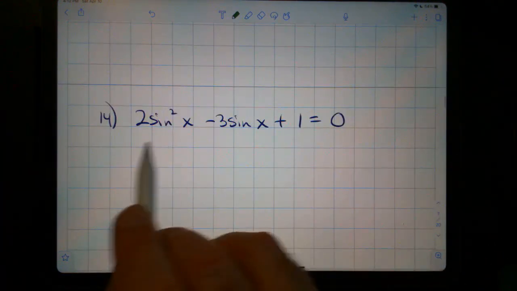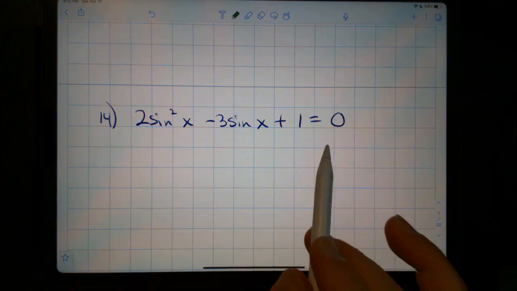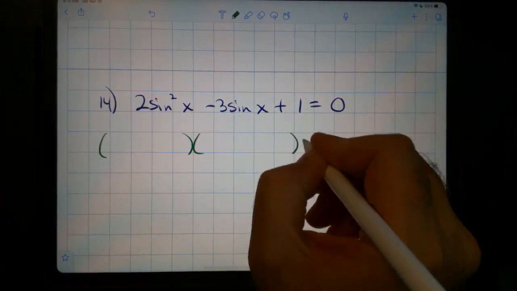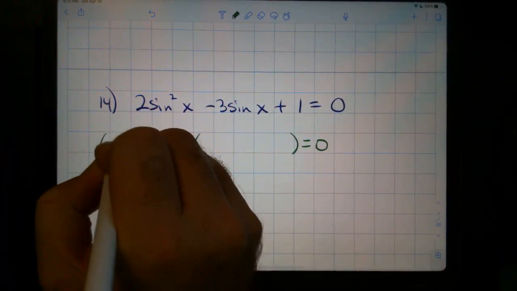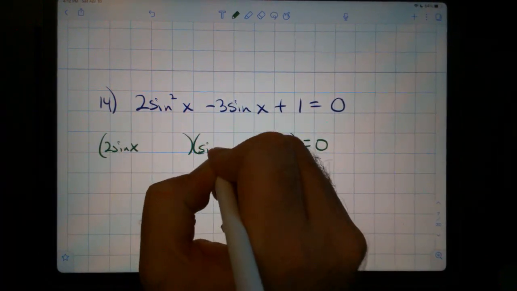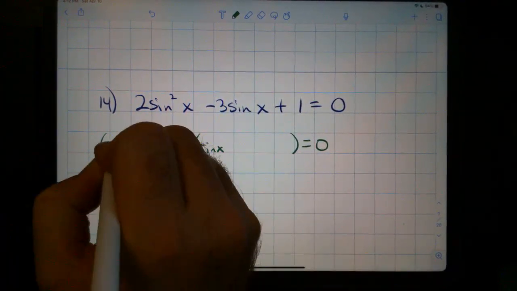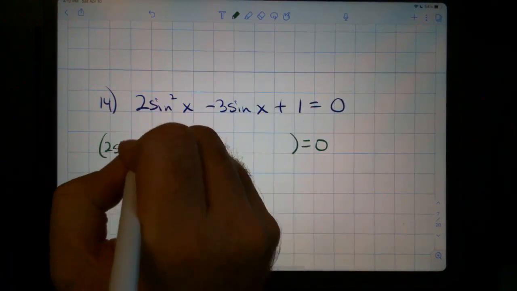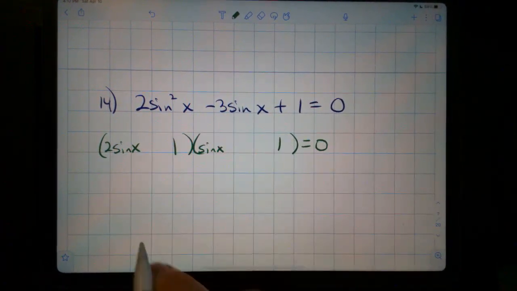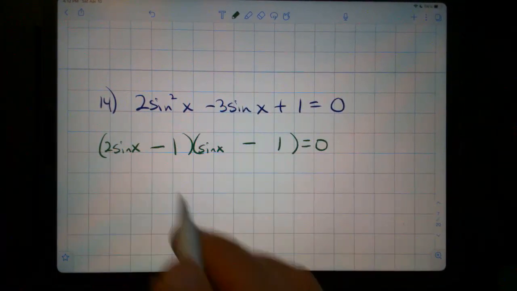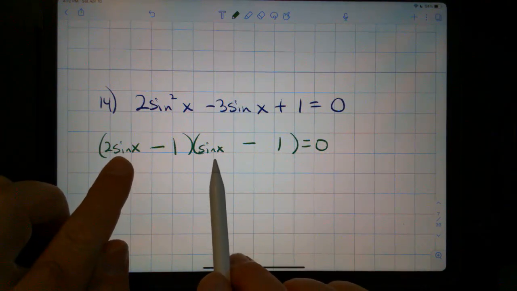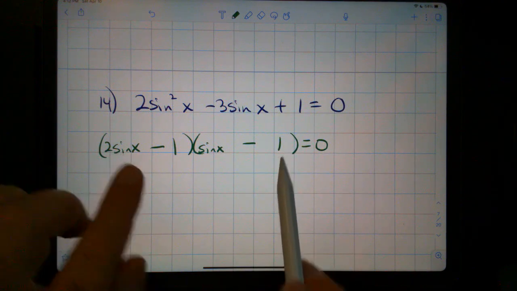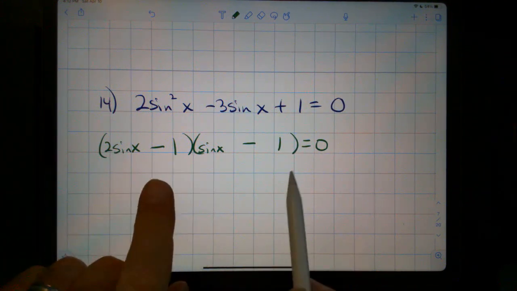Let's try another one. So when it is in this form here, we can factor this. So this factors. 2 sine times 1 sine is 2 sine squared. 2 sine minus 1 is minus 2, minus 3 plus 1.